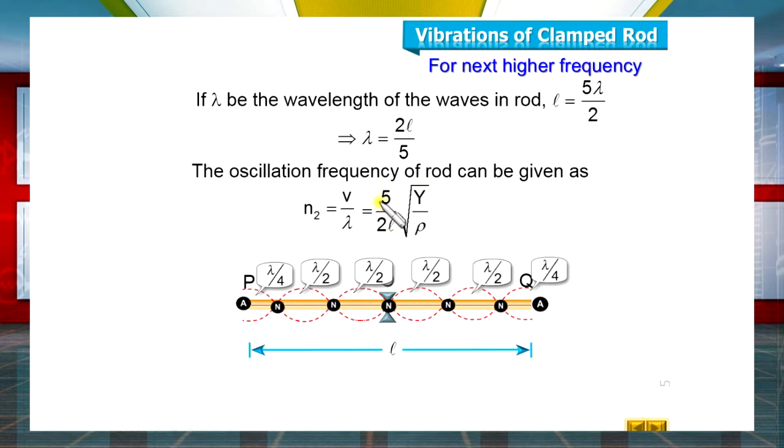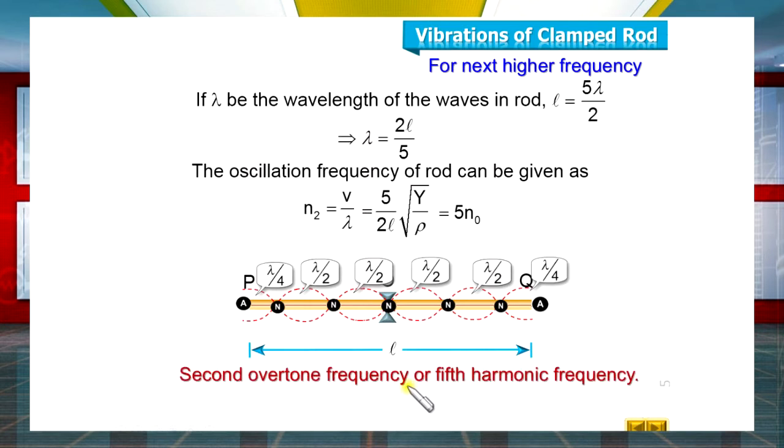So here we can observe this frequency is 5 times the natural frequency. And this type of oscillation is called the second overtone frequency or fifth harmonic frequency, because there is a multiplication of 5. Okay, so let us write these three terms all together.